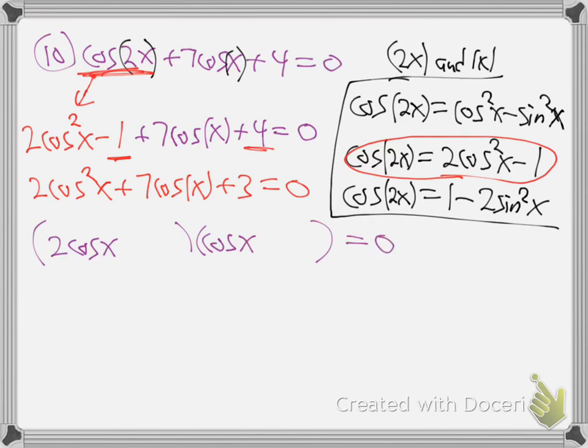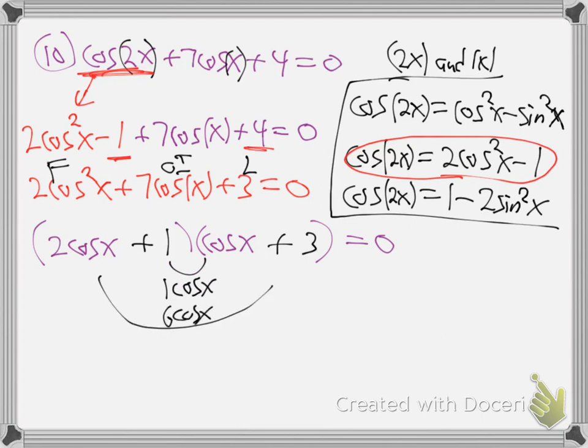So 3. How are we going to get that 3? Remember, we're thinking FOIL here, right? F-O-I-L. The 3 has to be here and the 1 here, plus and plus, because the 2 inner will make 1 cosine, the 2 outer will make 6 cosine, both plus will make 7 in the middle. So there's the right way to factor it. Then each one gets its own 0.